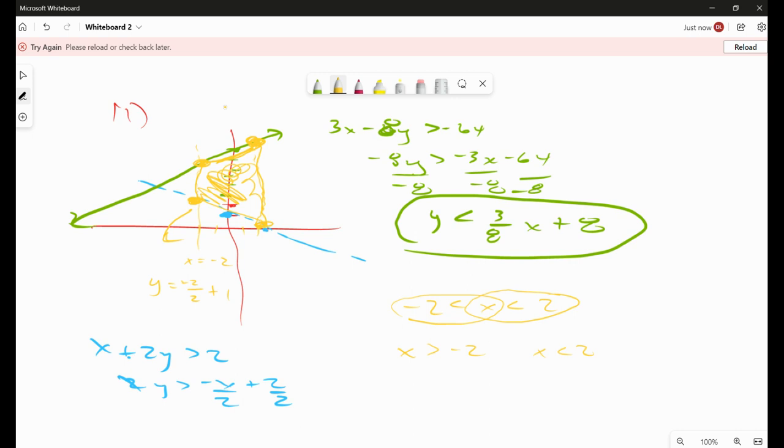Oh, excuse me, negative of negative 2, because there's a negative in front. So I end up with y equals 1 plus 1 equals 2. So this point right here is negative 2 and 2, because I can plug them in here.